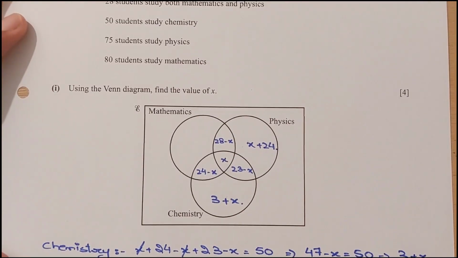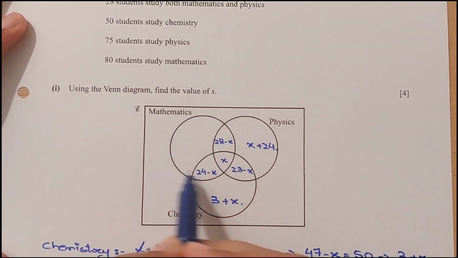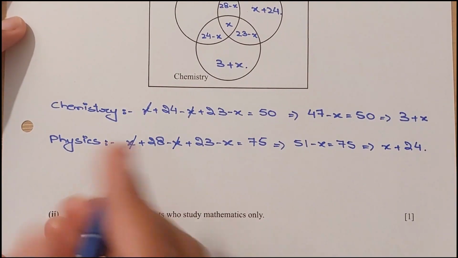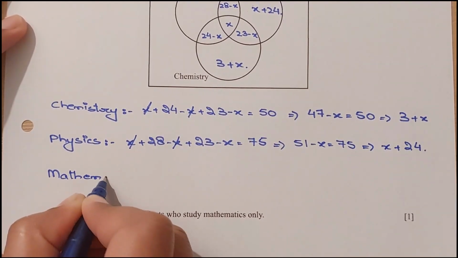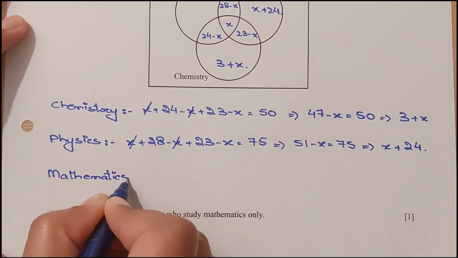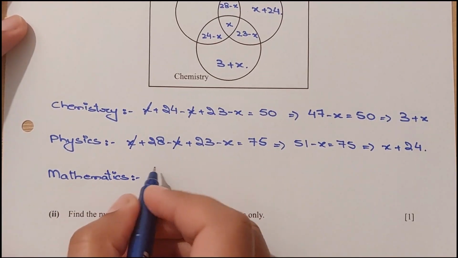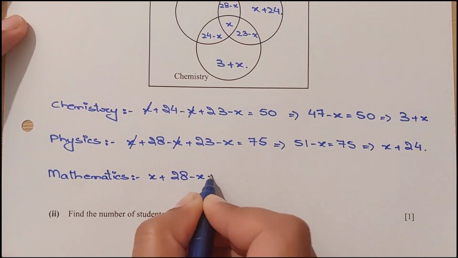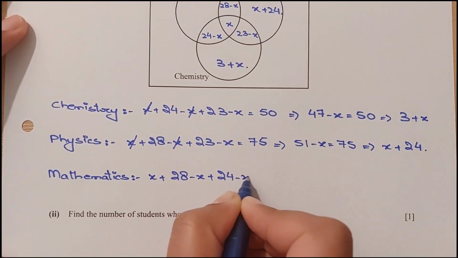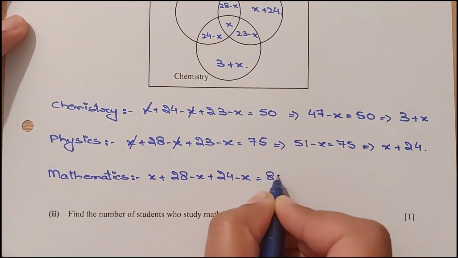And 80 students study mathematics, so the sum of mathematics is 80. Mathematics is X plus 28 minus X plus 24 minus X, equal to 80.